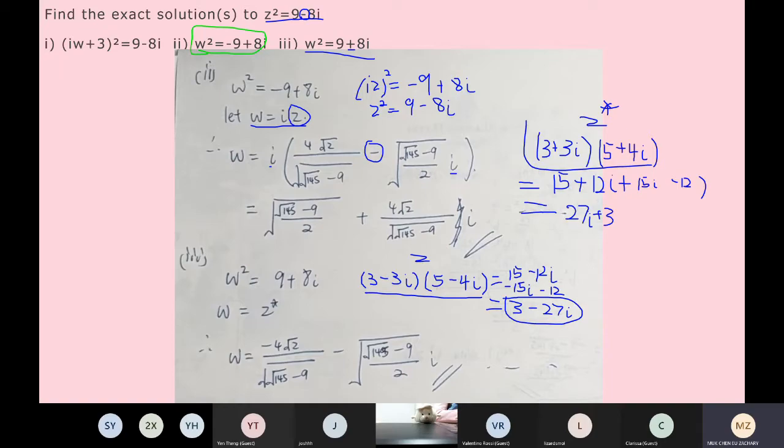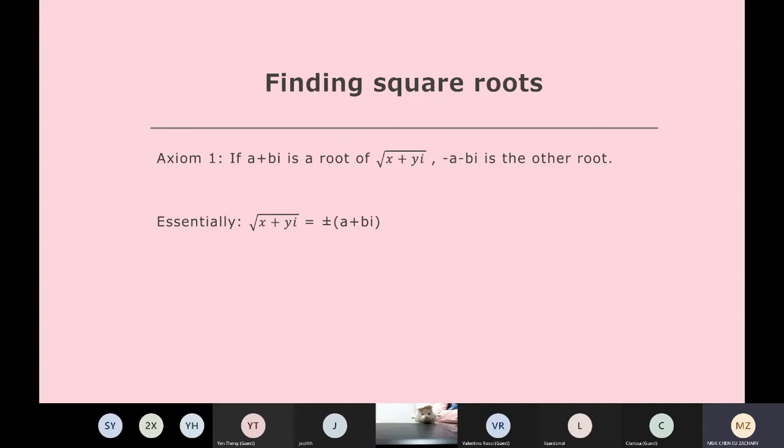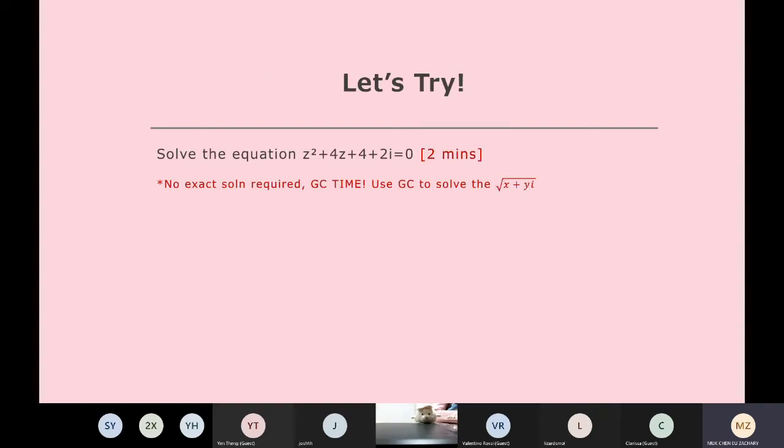Okay, move on to the next question, yeah? Chop chop, boys. Okay, next. So basically, this was the explaining slide, the previous slides. So if you have noticed thus far, all your roots are basically plus minus of each other. Okay. Next.